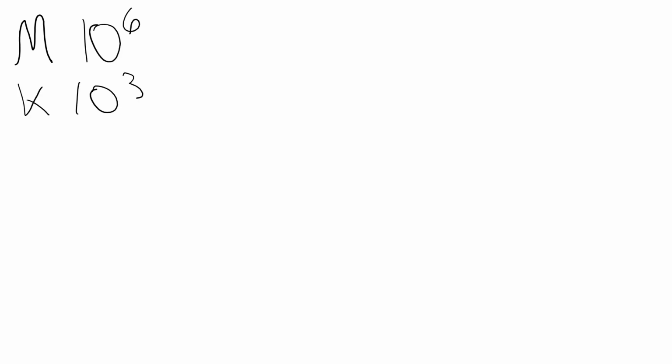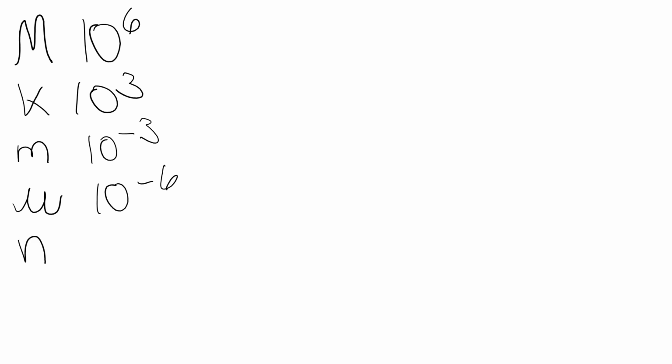So if you are struggling with engineering notation, one thing you can do is write on the side the prefixes that can be used. Mega times 10 to the 6th, kilo times 10 to the 3rd, milli times 10 to the negative 3, micro times 10 to the negative 6, and nano times 10 to the negative 9th. So all prefixes need to be one of those.